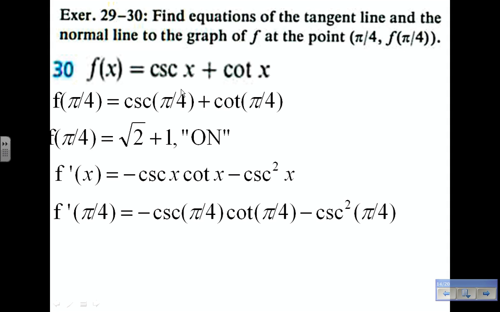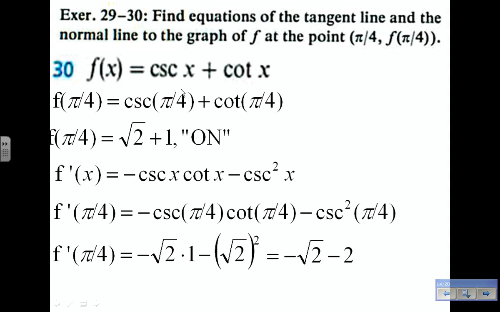Yeah, you have to square the value, and the value is root 2, so you square it, you end up with just 2, won't you? So that means the slope of the tangent line is negative root 2 minus 2.